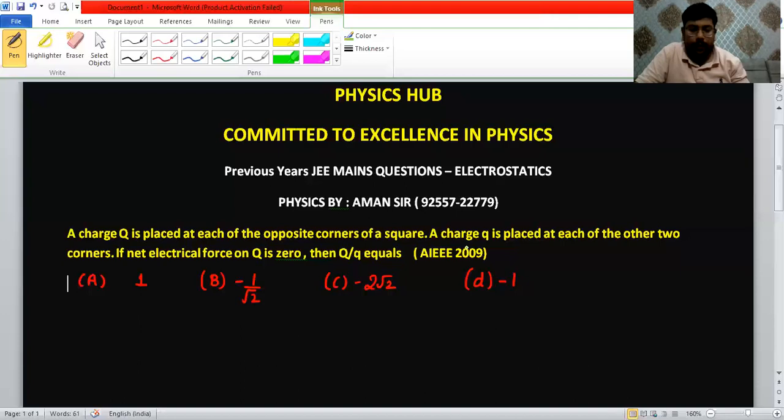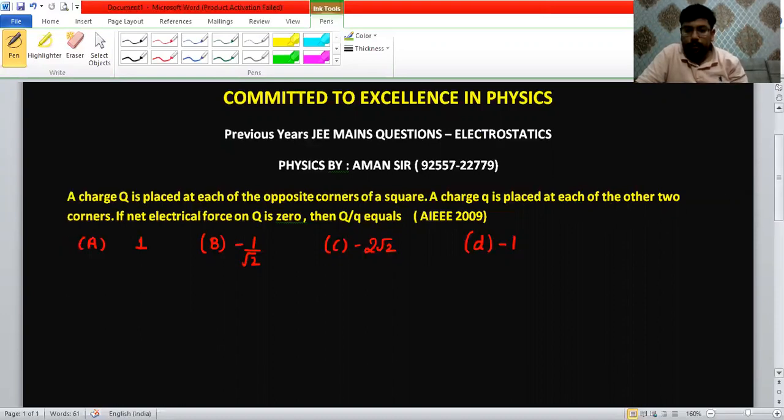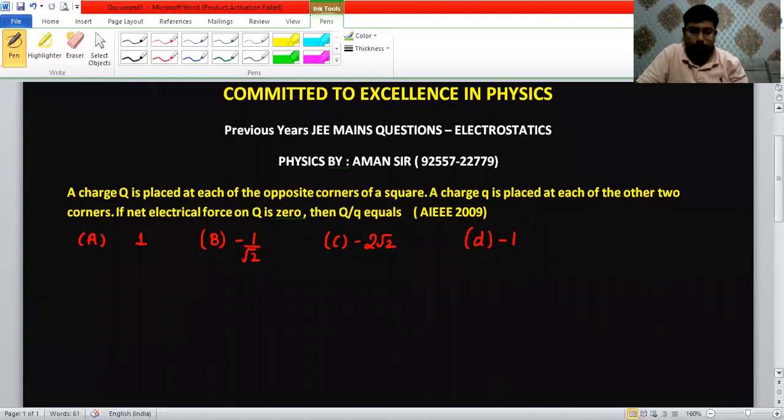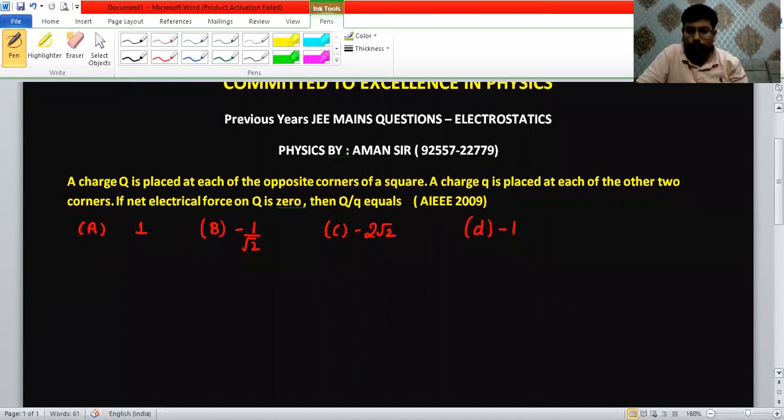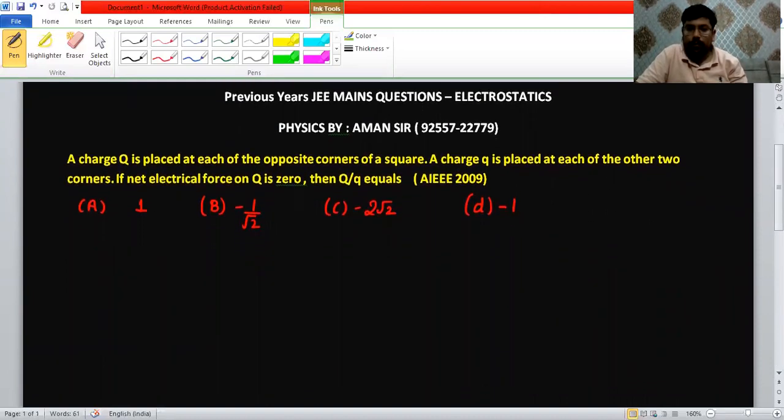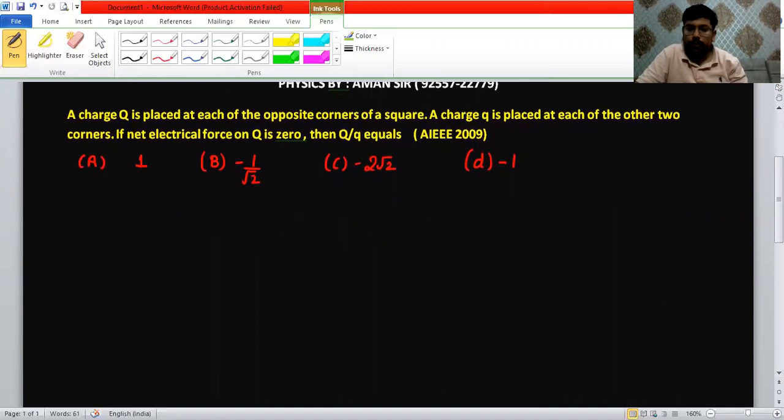If net electrical force on capital Q is 0, then what is the ratio of capital Q to the small q? Four options are given to us: 1, minus 1 by root 2, minus 2 by root 2 and minus 1. So how can we solve this question?